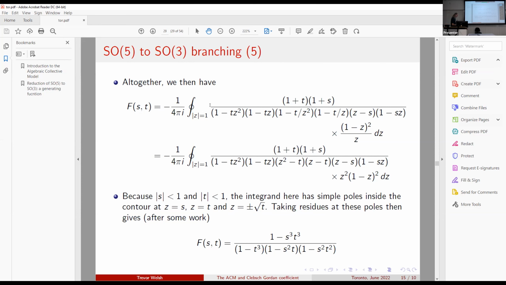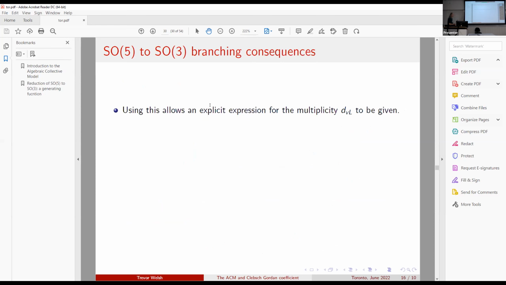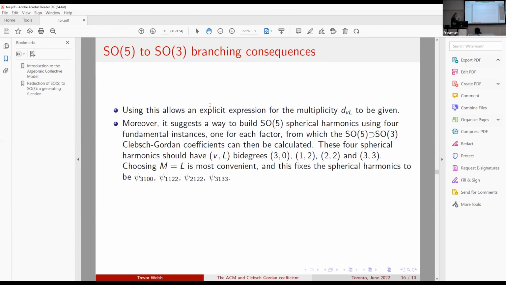This is the generating function I wanted to derive for these branching multiplicities, dVL. And this tells us the ranges of the missing variable, all of them in one expression, albeit slightly hidden because it's a generating function.